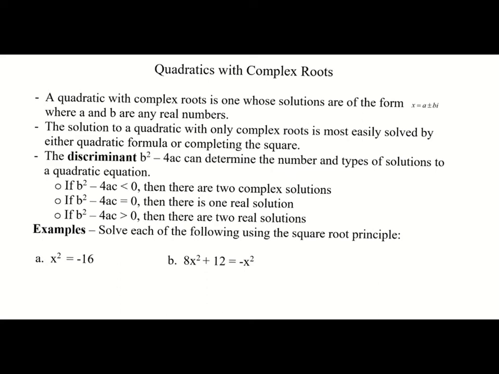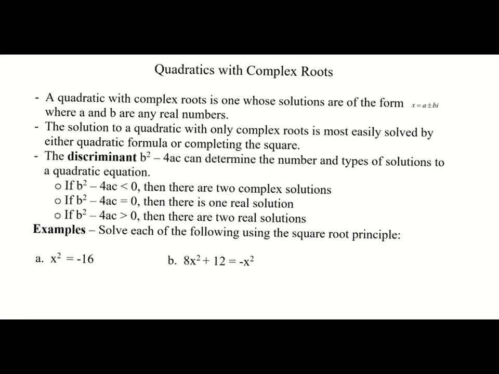And then if I get a negative number for that discriminant, it's like having a negative under a radical. And we don't like that. Remember, before we said there was no real solution. But it does mean that there are 2 complex solutions. And remember, with the complex solutions, we deal with i. So that is what we're going to look at here. We're just going to review solving quadratics and dealing with i with them.